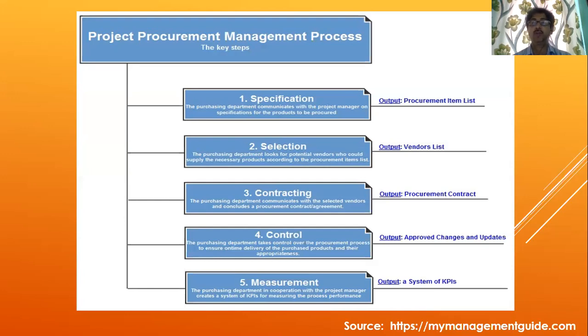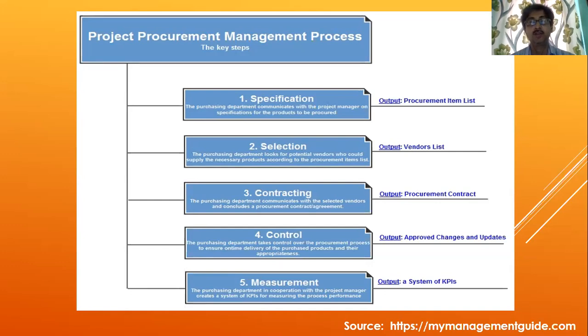If the organization does not have any specific department for procurement or purchase, it will be the responsibility of the project team or the project manager to ensure the availability of the items, and availability on time. So this is the first responsibility of a project team: to do the specification of the project. What are the items needed, and for each and every item the exact specification must be provided.